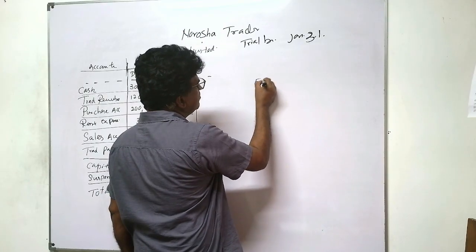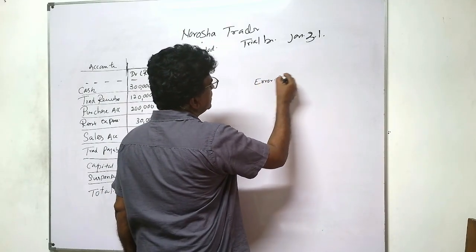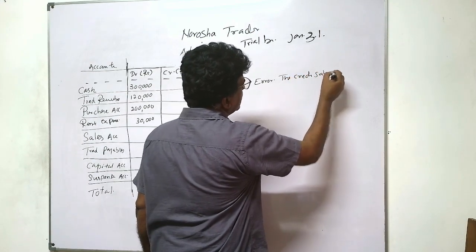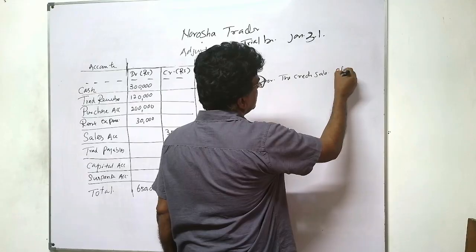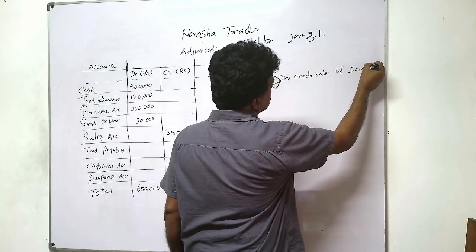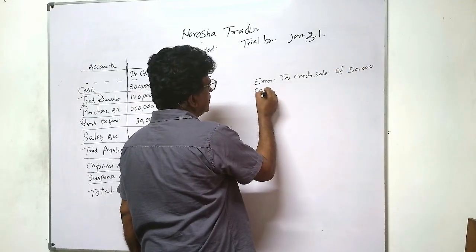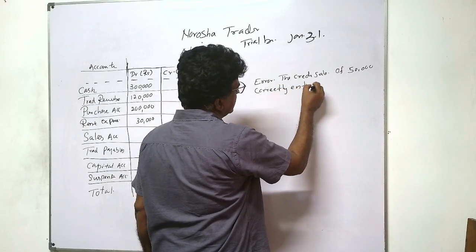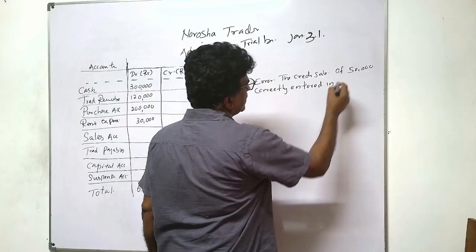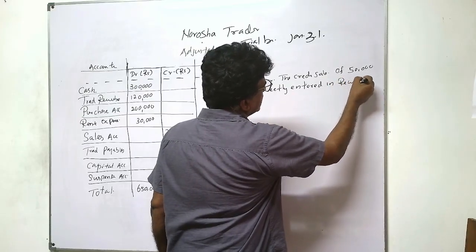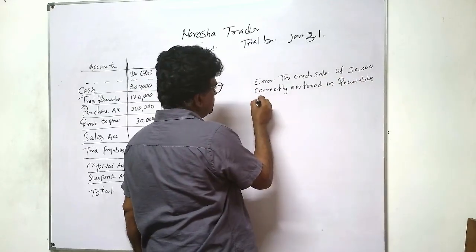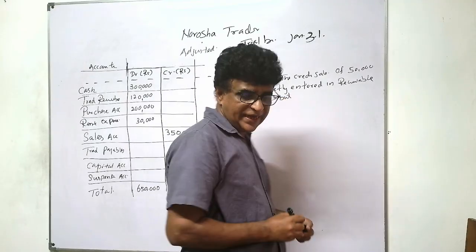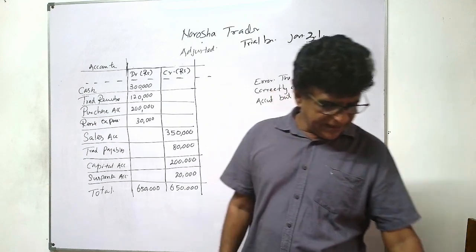Error: the credit sale of 50,000 correctly entered in the receivable account, but what is the next account?